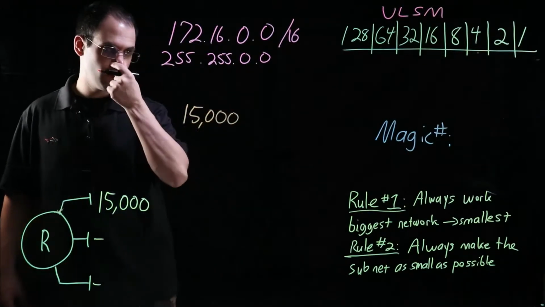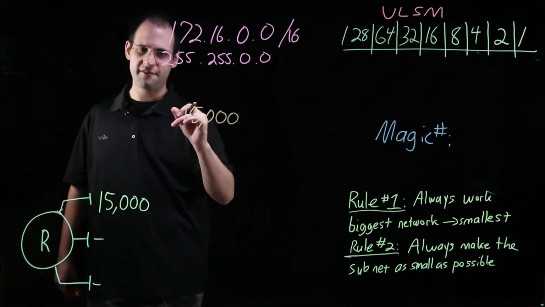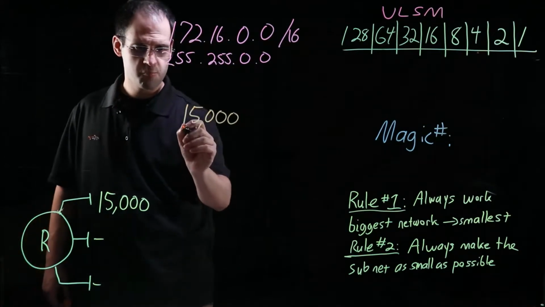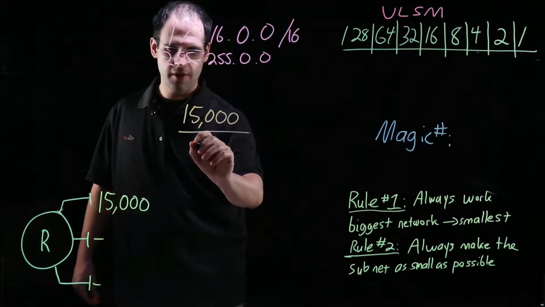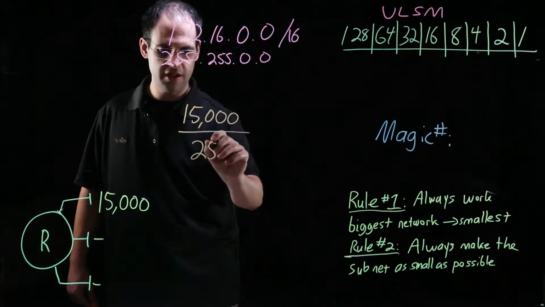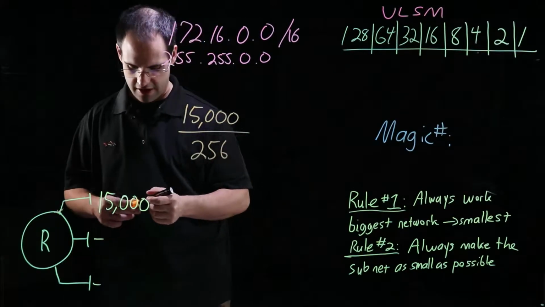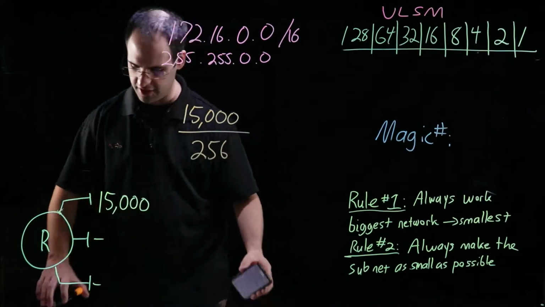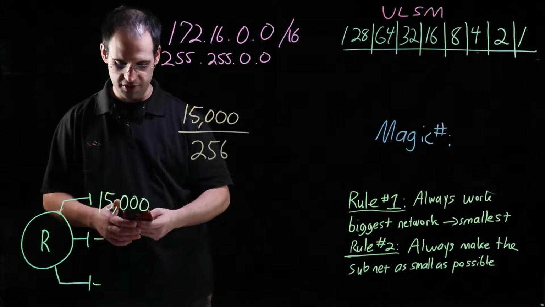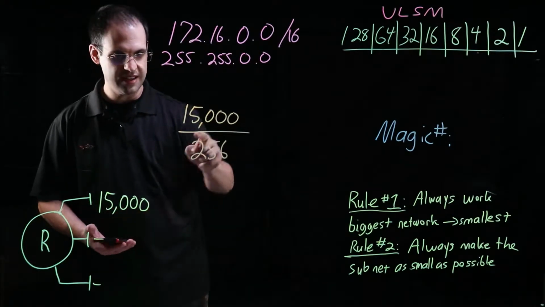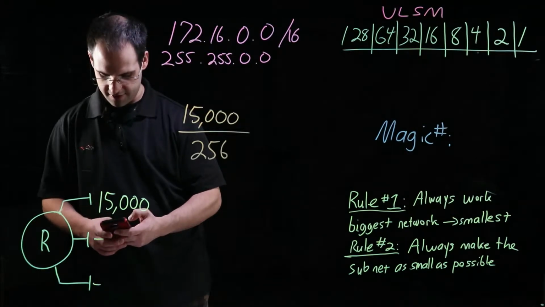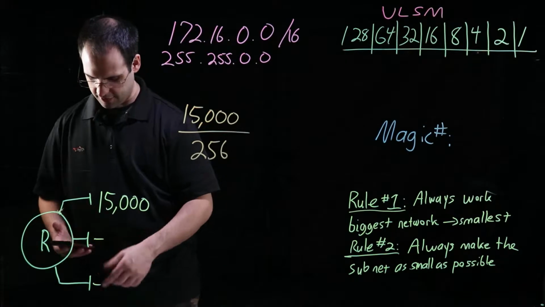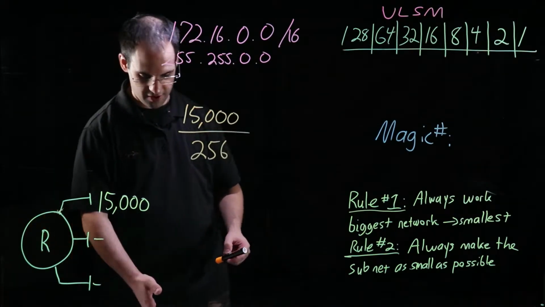Let's divide that 15,000 by 256 for each of my Class C networks, to see how many /24 networks we can fit inside of this 15,000.